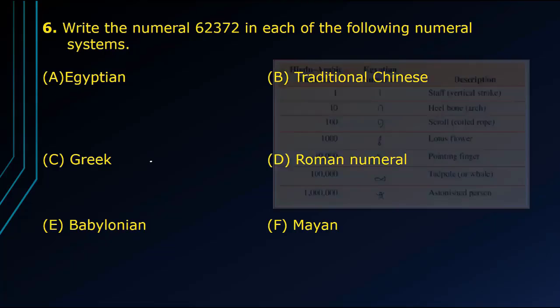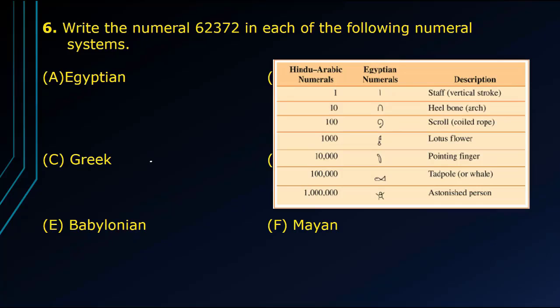So when I look at the symbols that could be used, I'm going to try to break this down into saying I'm going to have some number plus some other number plus some other number down the line in order to get this. And you see the symbols that we have here, they're basically powers of 10. So I'm not going to be using the astonished person because that's a million. This is only 62,000.